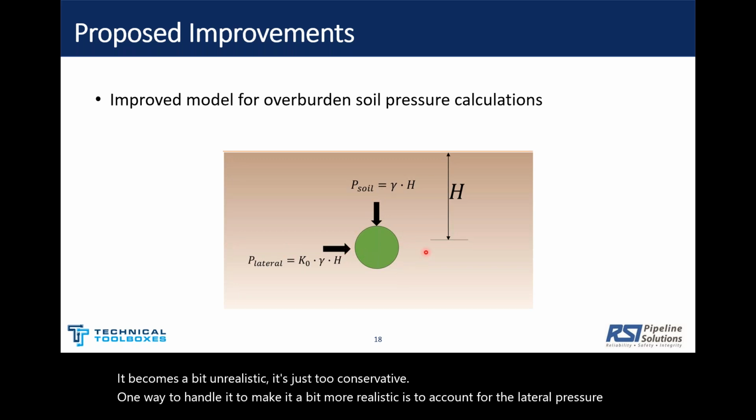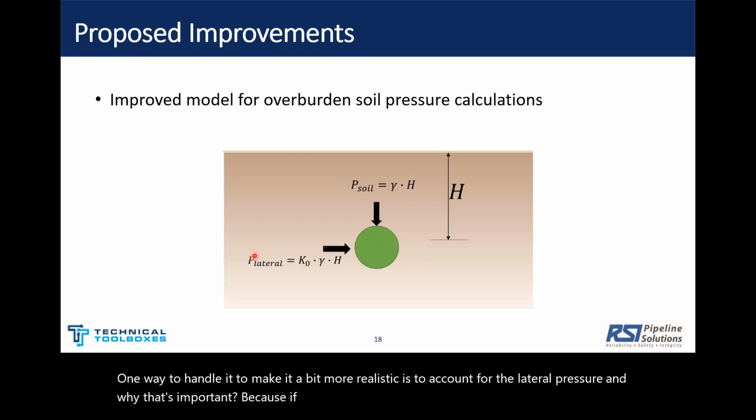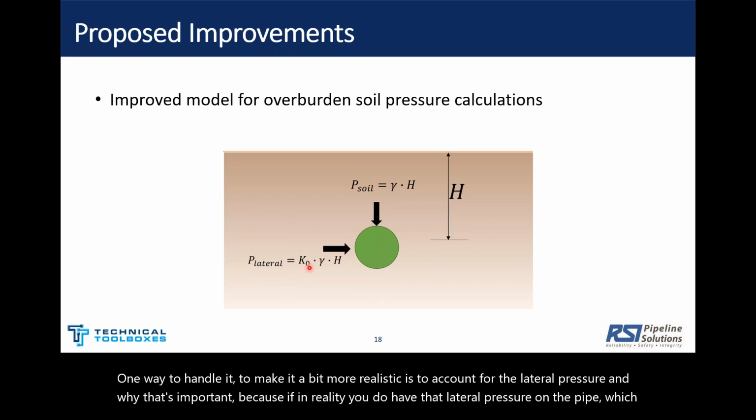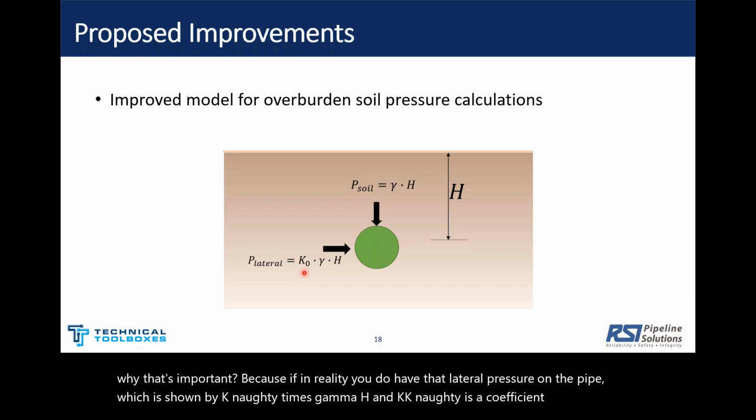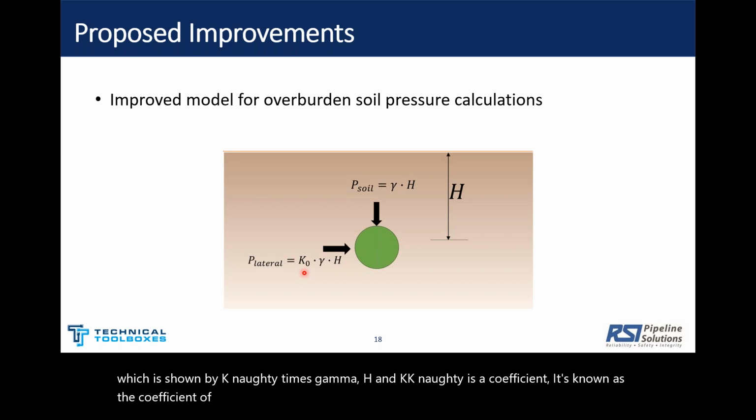And why is that important? Because in reality you do have that lateral pressure on the pipe, which is shown by K naught times gamma H. And K naught is a coefficient known as the coefficient of lateral soil pressure or static soil pressure.